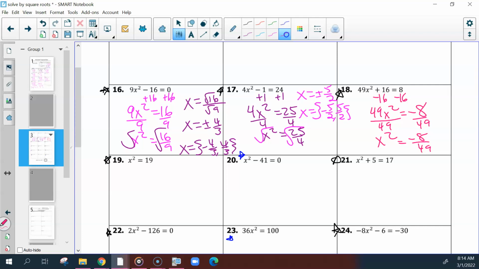Then what? If we take the square roots of both sides, what's going to happen?